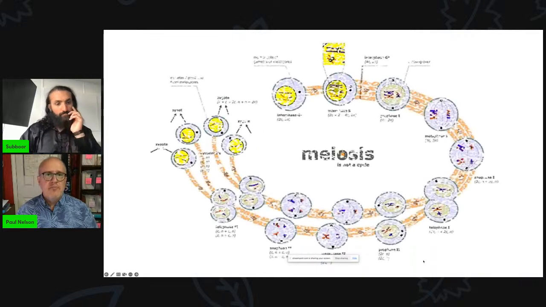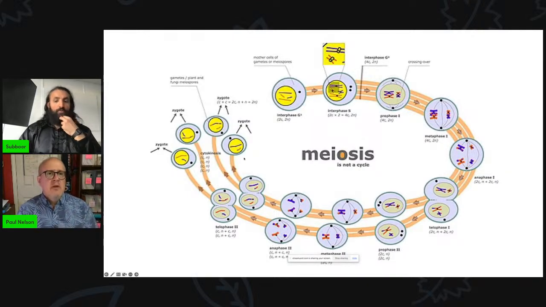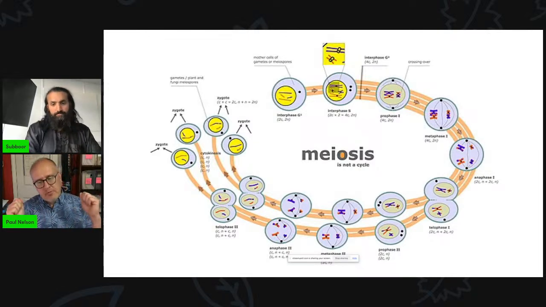And meiosis, which is not a cycle. It is chromosomal reduction as gametes are being produced in sexual reproduction. So you can see the number is going from diploid to haploid as these chromosomes are again being segregated, but you have cell division where the chromosome number, in Homo sapiens, goes from 46 to 23 in this process as we produce eggs and sperm.